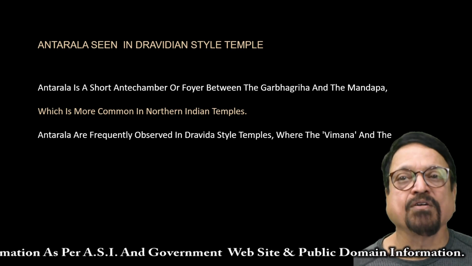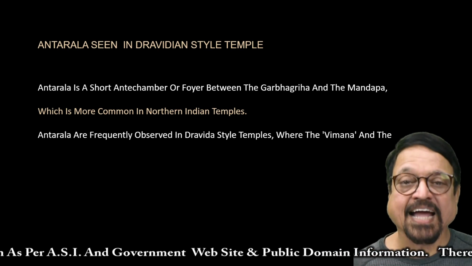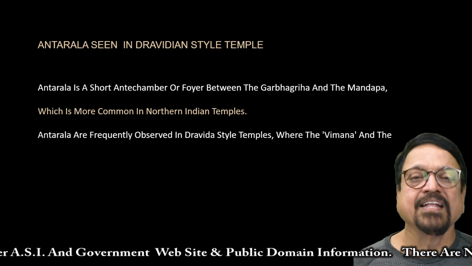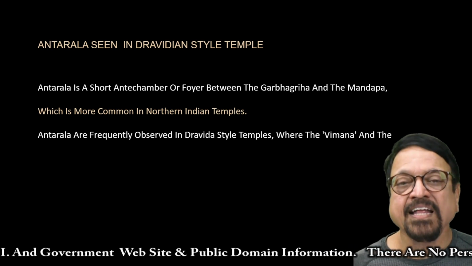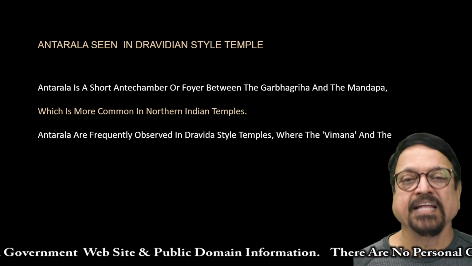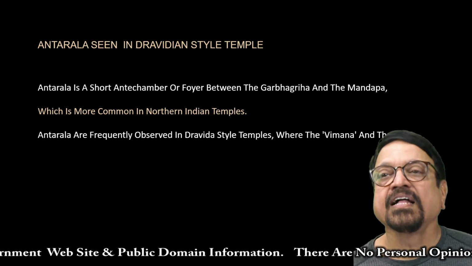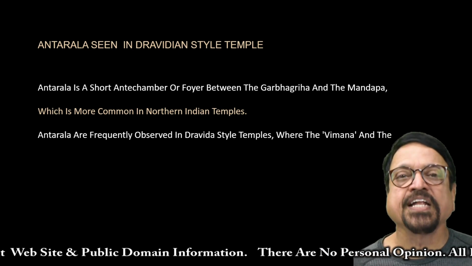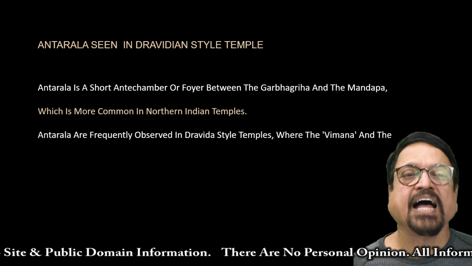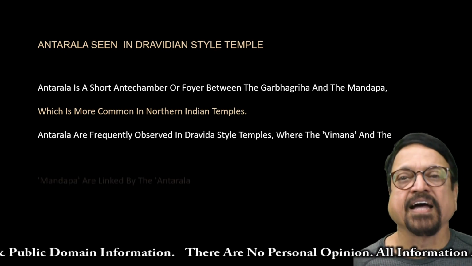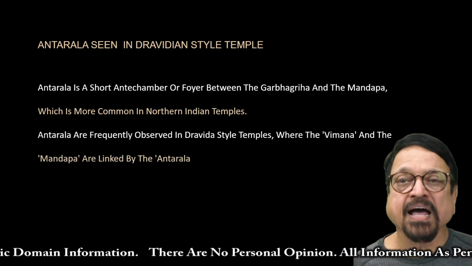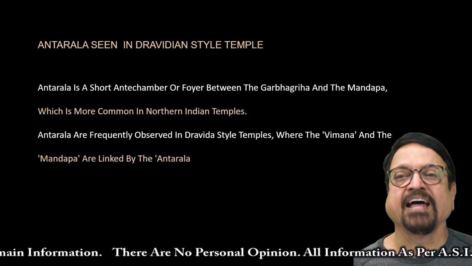Now, the first temple of Antarala in Dravidian style is near Aihole. The Antarala are frequently observed in Dravidian style temples and they are also called Vimanas. Mandapas are linked by Antarala.